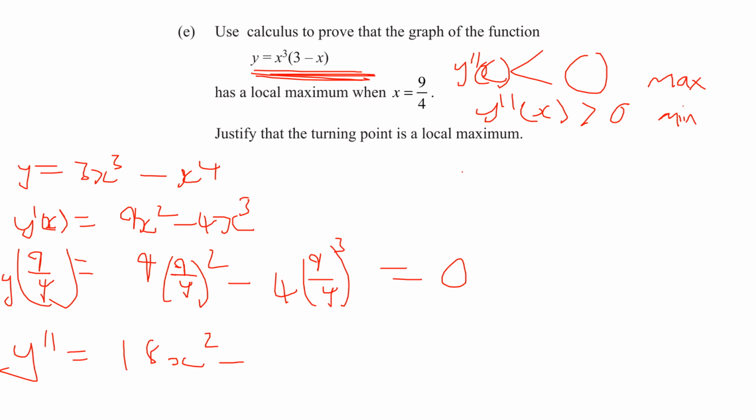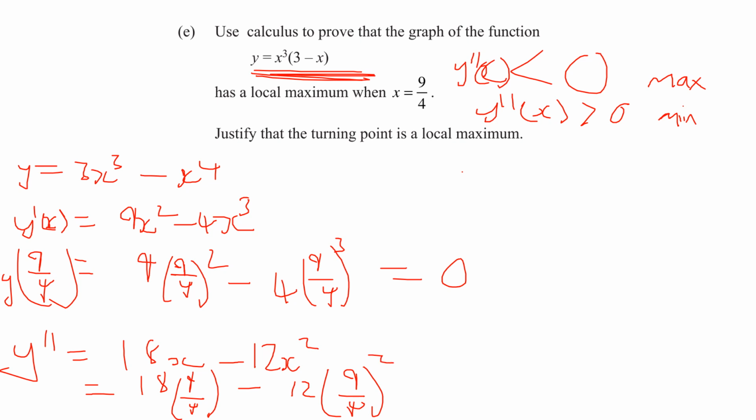Then it's going to be minus 12x squared. So when we substitute 9 over 4 into this, we've got 18 times 9 over 4, minus 12 times 9 over 4 squared.